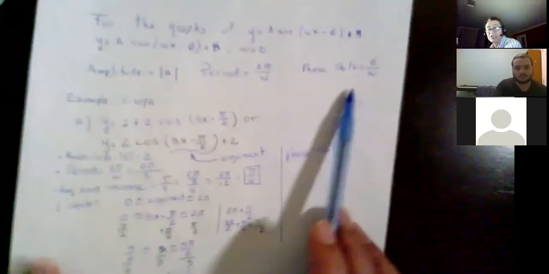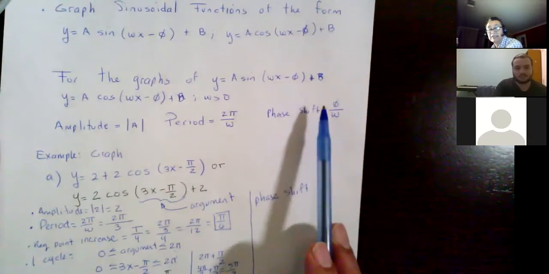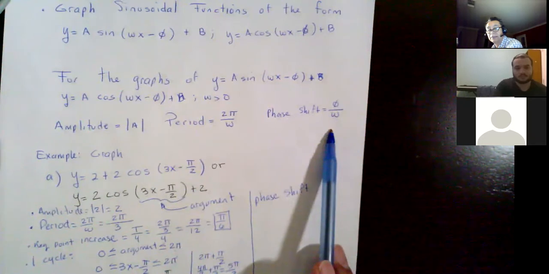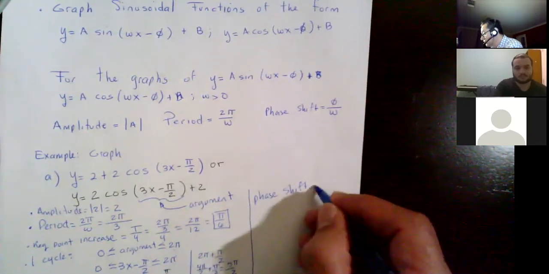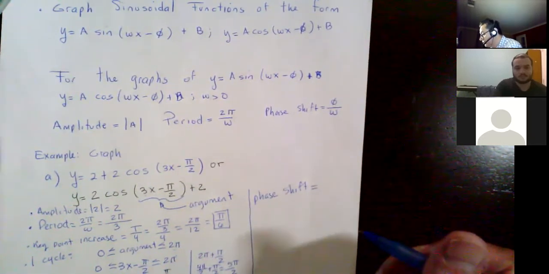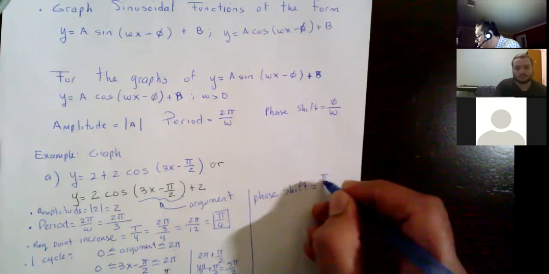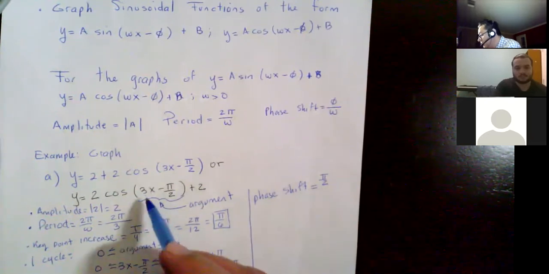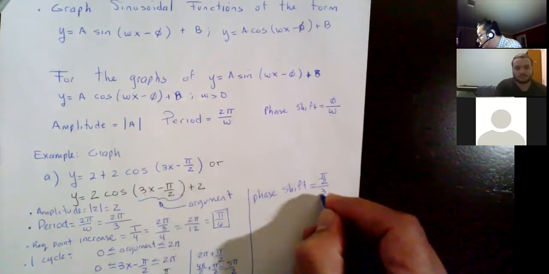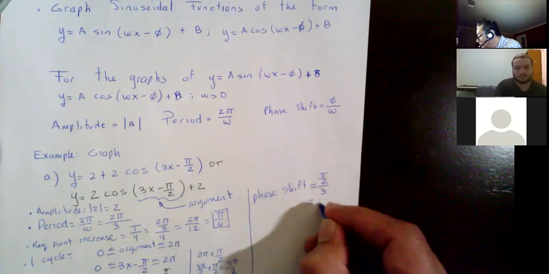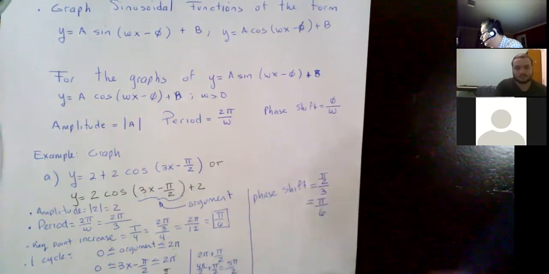So the phase shift is phi divided by omega, right? So the phase shift here is, what is phi? That's pi over 2, right? Divided by omega, what is omega? 3, right? So the phase shift is pi divided by 6.